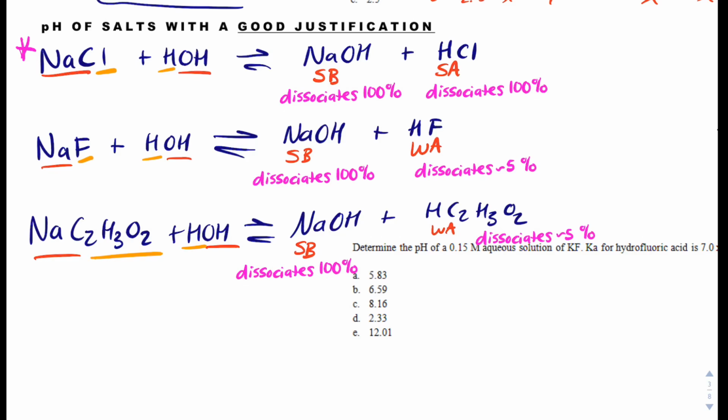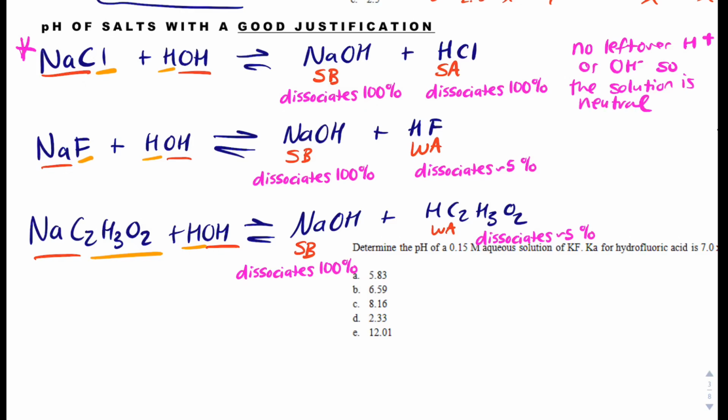If hydroxide dissociates 100% and HCl dissociates 100%, you could think of it like you had 100 hydroxide molecules. How much acid is there to neutralize it? 100 H's from HCl. So I would say there's no leftover H or OH, H plus I should really say. So the solution is neutral.